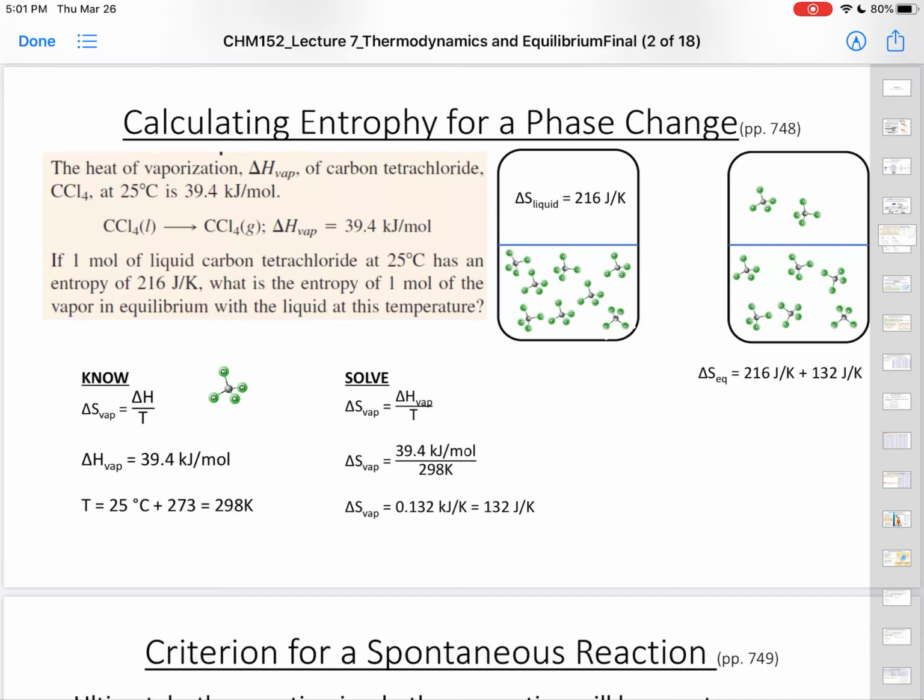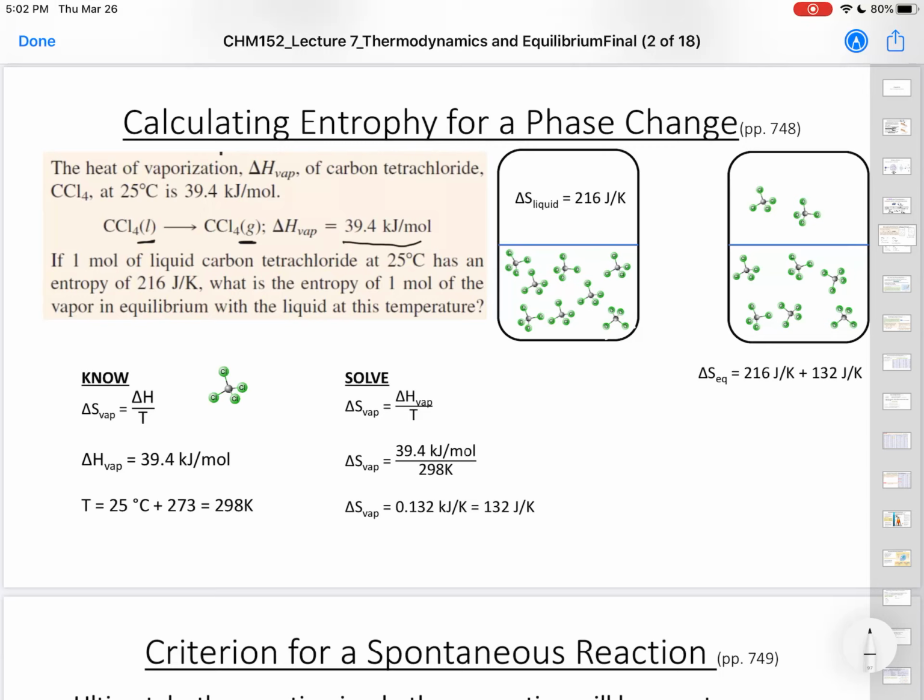So, of course, we always like to do a little bit of math, and this is just an example. You have the heat of vaporization, delta H, of carbon tetrachloride, CCl4, and that heat of vaporization is 39.4 kilojoules per mole. So if you have 1 mole, basically what this reaction is, it's saying something liquid is becoming something gaseous, okay?